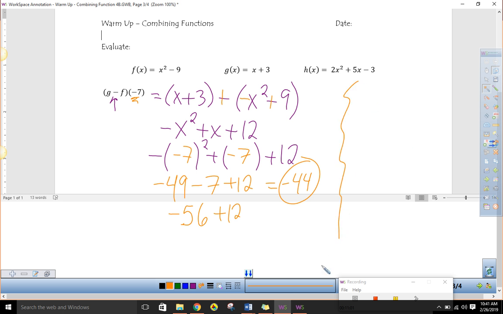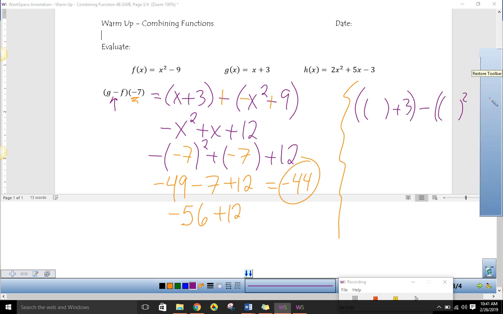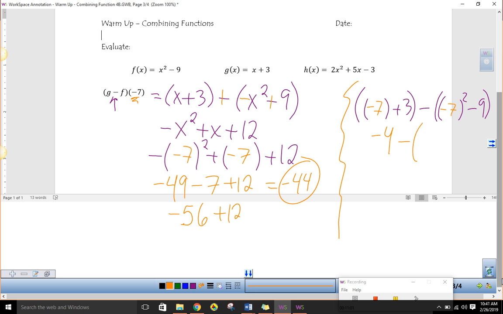Okay. If you wanted to take this initial piece and you wanted to put that negative 7 in right away, it's still going to work out. Because what's negative 7 plus 3? Negative 4 minus, what's negative 7 squared? 49 minus 9.